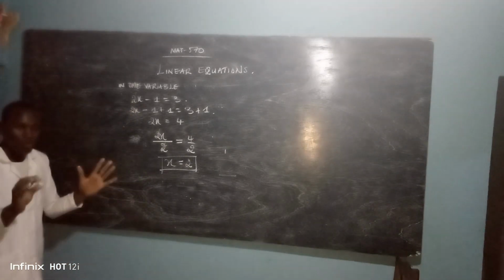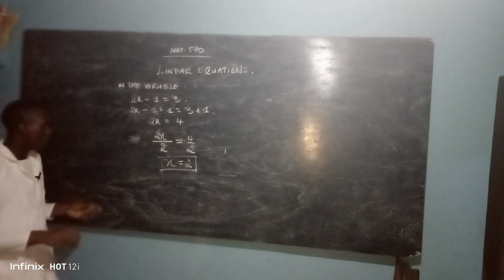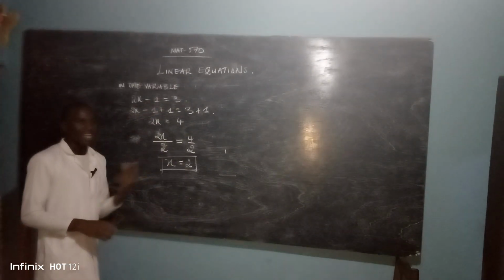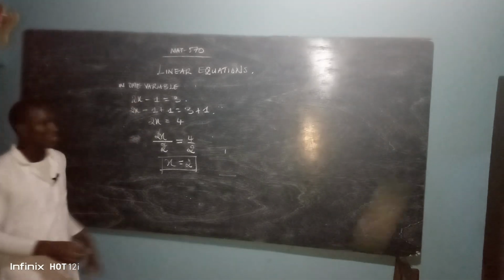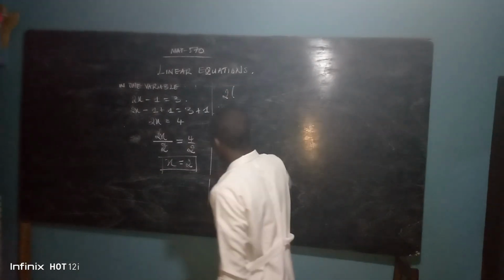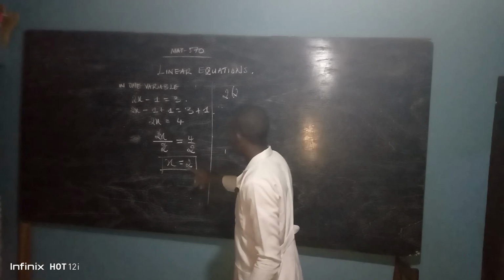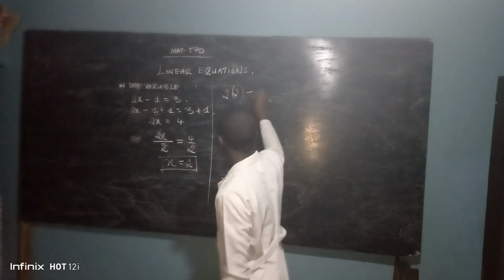Like I said, an equality means the left hand side is equal to the right hand side. We are going to check now whether this answer satisfies this equation. So I'm going to take 2 into x, this is the left hand side. 2 into 2, then minus 1.